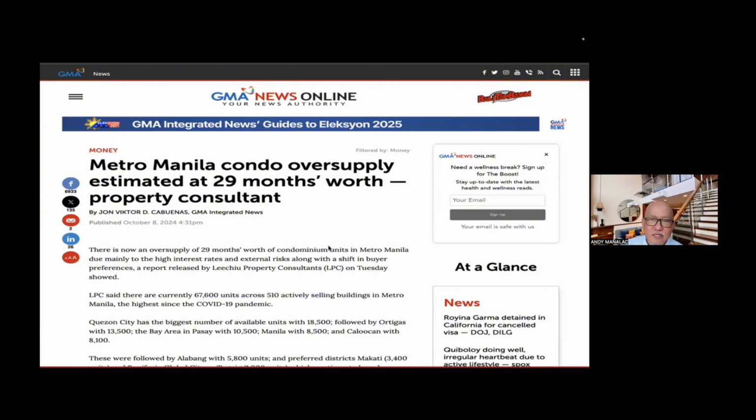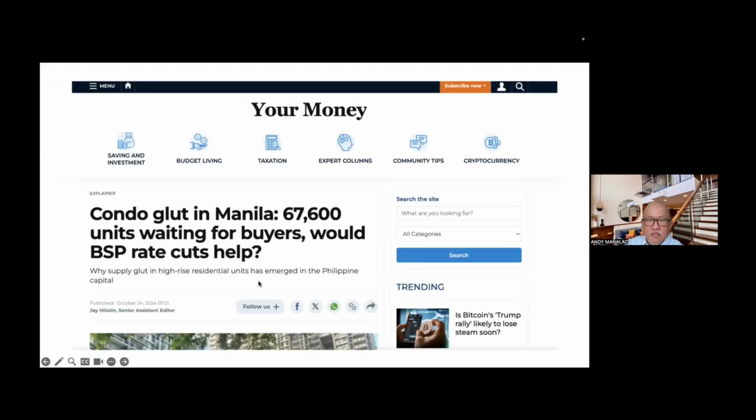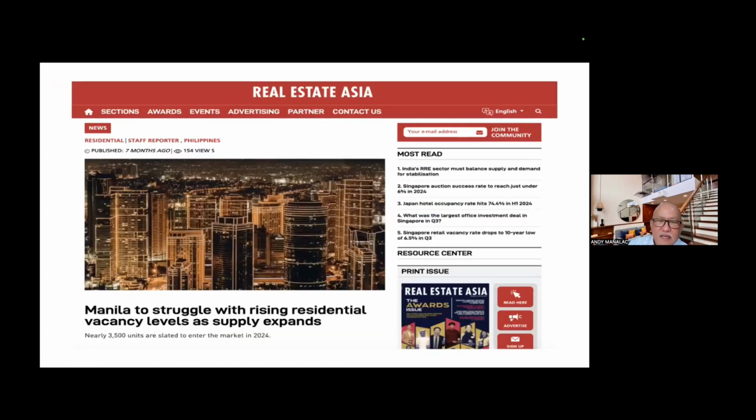What is confusing is, look at these different headlines. This one says 29 months, and then Condo Glut, 67,000 units waiting for buyers. And then, of course, Metro Manila to struggle with rising residential vacancy levels.